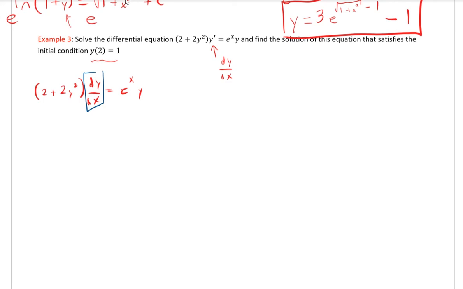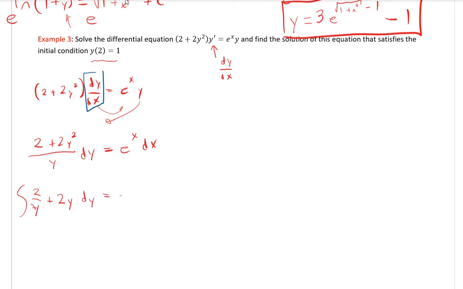Which means I need to divide the y over, multiply the dx over, and I get really (2 + 2y^2)/y dy = e^x dx. I can do the integral of both of those now. 2 over y is just 2 over y, plus 2y squared over y is just 2y, dy.